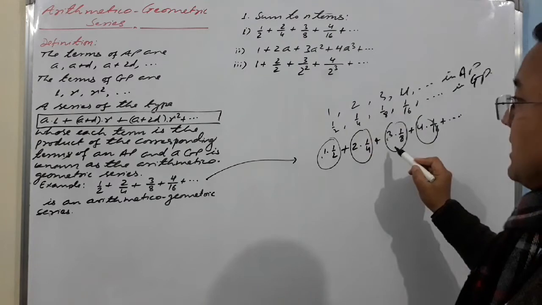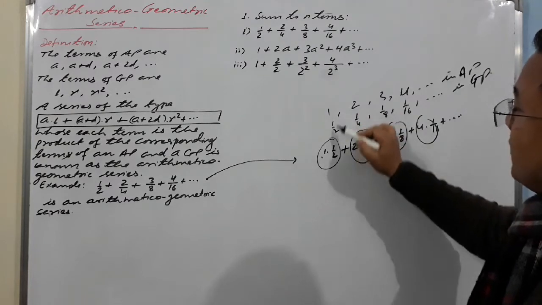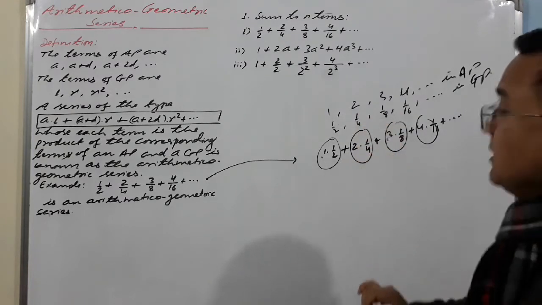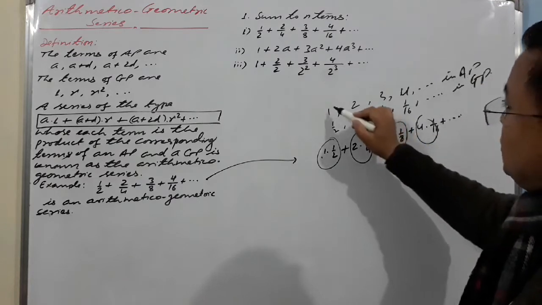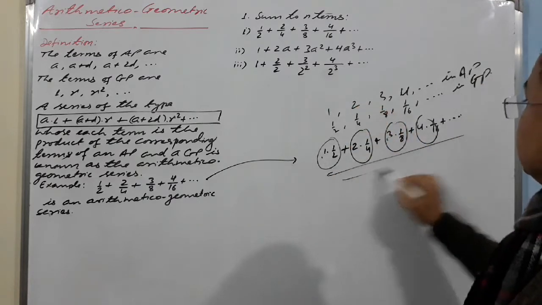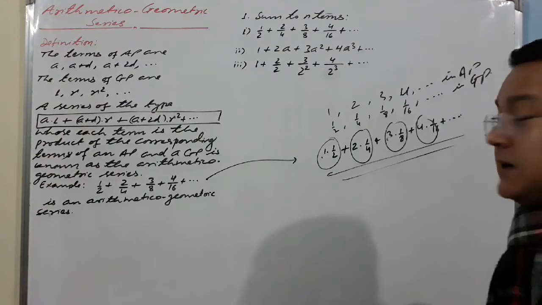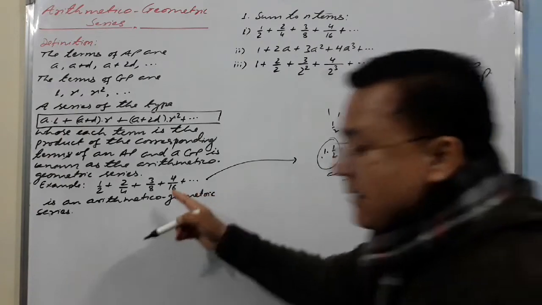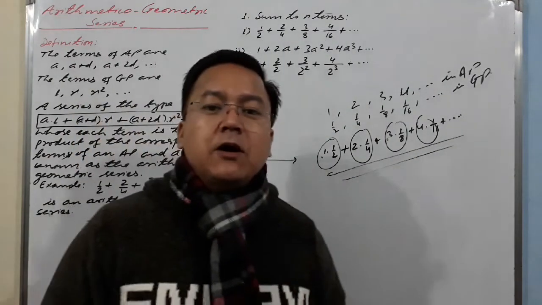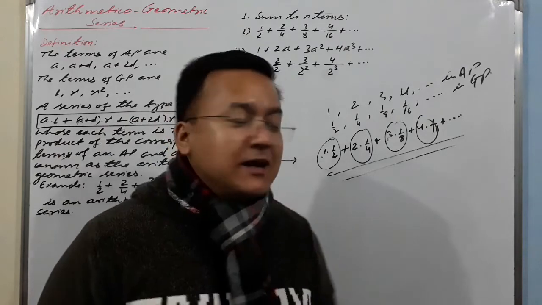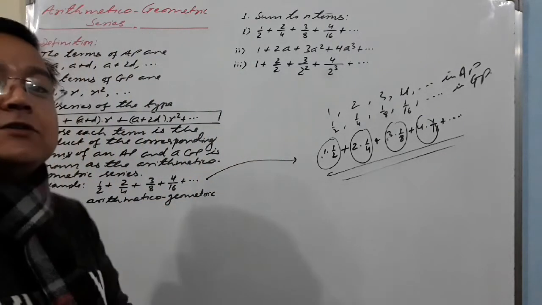A series whose term is the product of the corresponding term of an AP and GP is known as an Arithmetico-Geometric Series. This example satisfies the definition, so we can say this is an Arithmetico-Geometric Series.